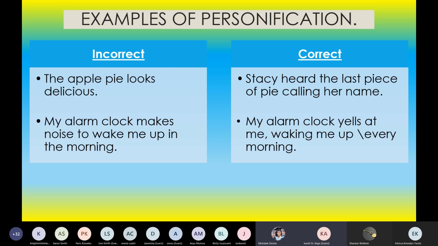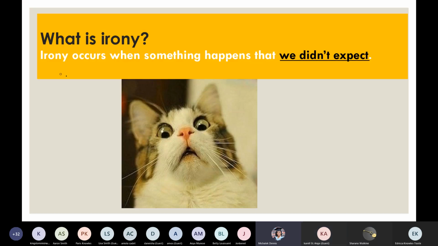My alarm clock yells at me, waking me up every morning. Okay, so this is a correct way to use personification. Remember, you're giving objects human qualities or human traits. Now let's move on.